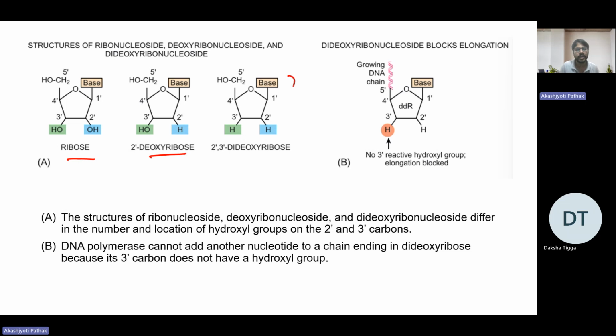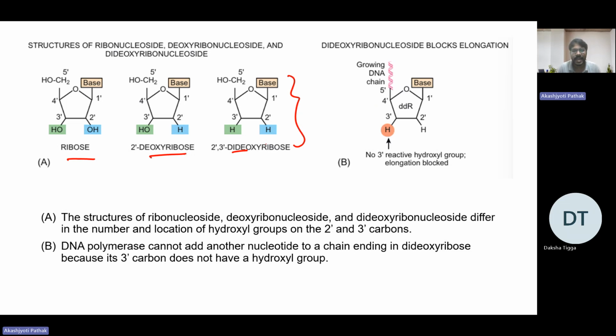This 2',3' dideoxyribose sugar is very important because in dideoxyribose you do not have the 3' OH that was present in deoxyribose; it is converted into H. The 2' already didn't have an OH group, but along with it the 3' also doesn't have an OH group. So this is dideoxy.